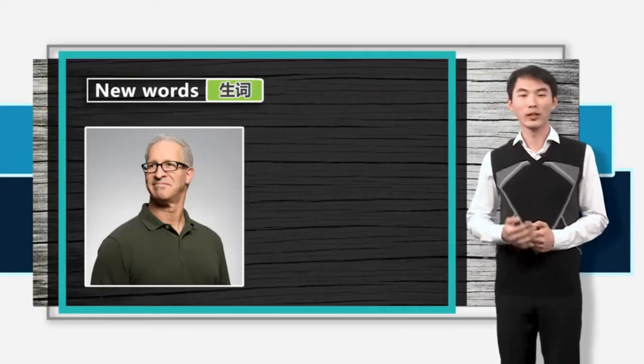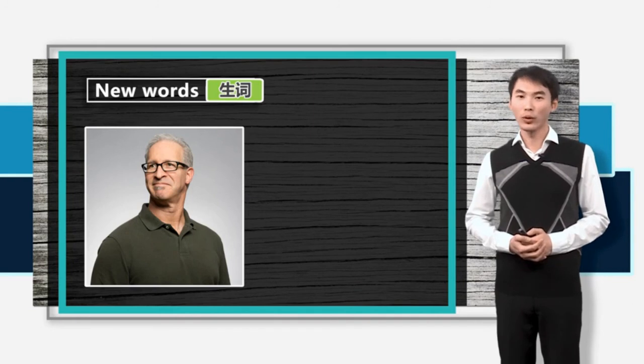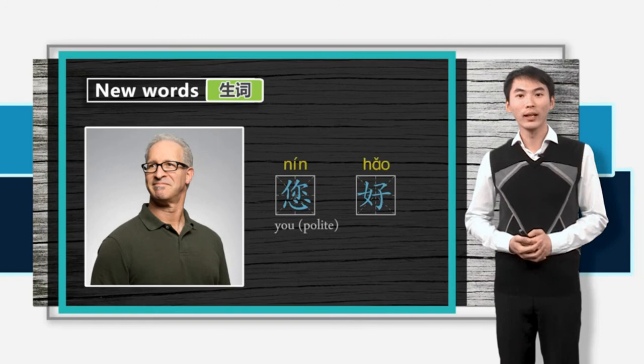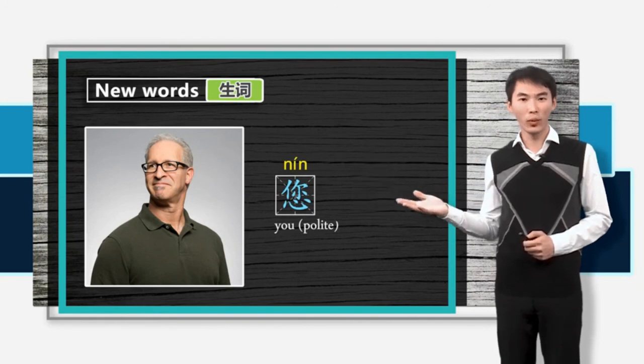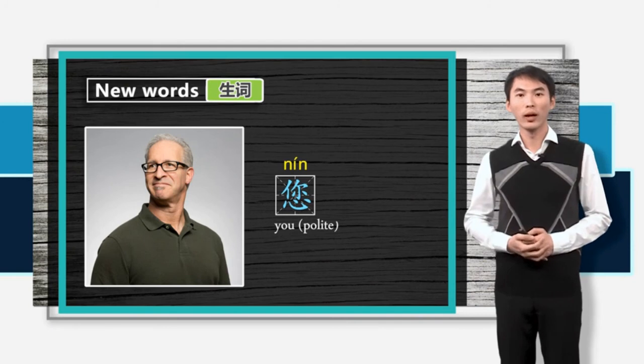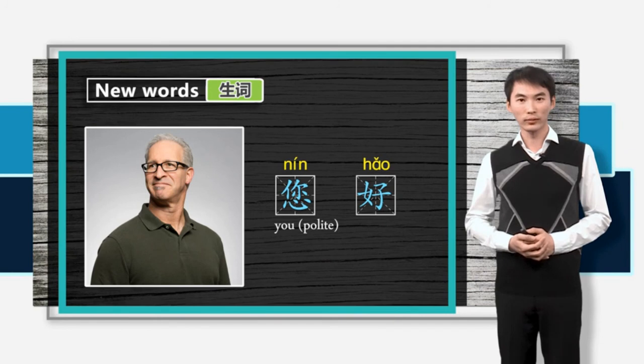And when you first meet an elder people or you want to show respect, it's better to greet by 您好. 您 is a polite way to say you. Please read after me. 您, 您, 您好, 您好. So, when you meet your teacher or your boss, what can you say?